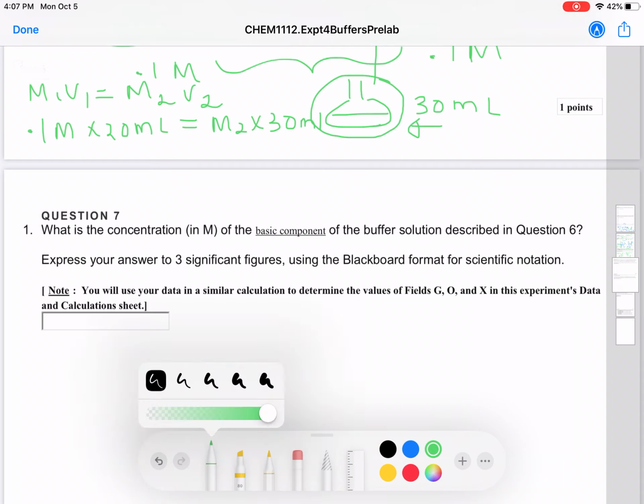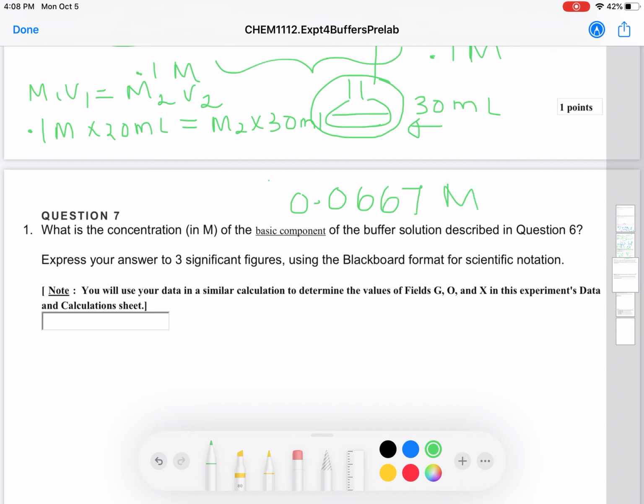So the concentration of the acid component of the buffer is going to be 0.0667 molar. Okay, so similarly, the next question is, what is the concentration of the basic component of the buffer solution described in question 6?